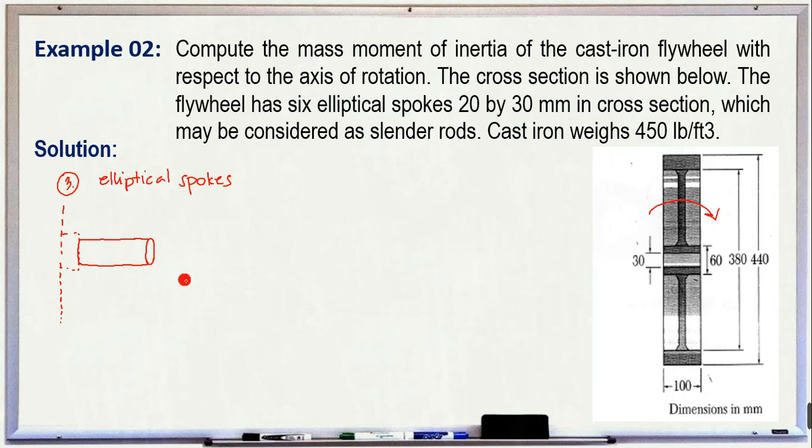Based on the formulas I have shown you for common objects, we have a formula for a slender rod about an axis at one end.